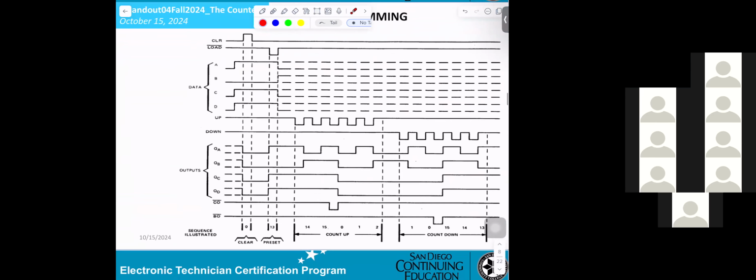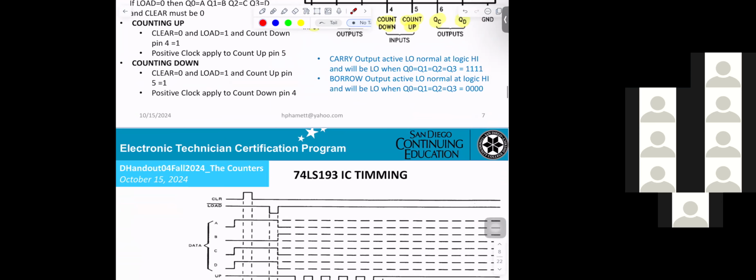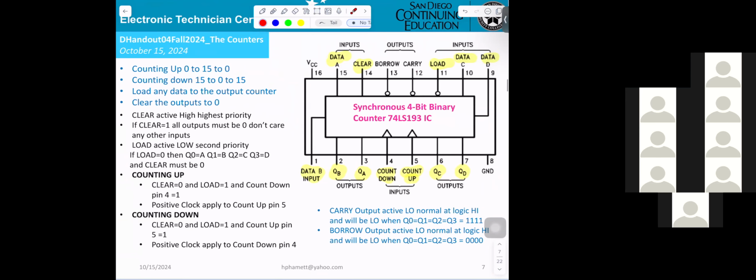Hey, Mr. Pham, could you go back real quick? On the outside where they label them, for inputs they label pin 1 and pin 4, 5. And on the outputs, it seemed like they're trying to say there are 6 inputs and 6 outputs.